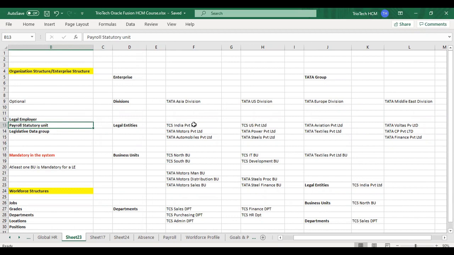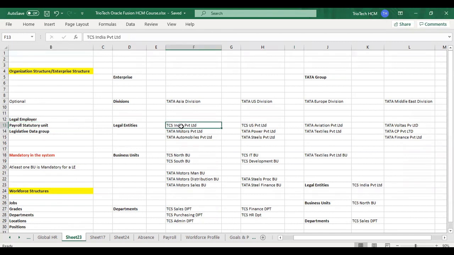Next is payroll statutory unit. What is the PSU concept? The company which maintains the salaries of the employees and also the tax related information of the employee. That is called PSU, payroll statutory unit. The company or the entity which maintains the salary processing of the employees and also the taxes related to those employees is called PSU.